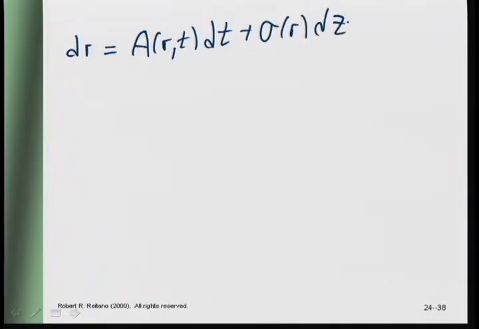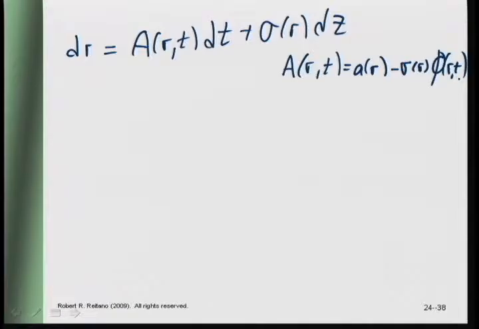What I'm going to do is simplify the notation so that my capital A of R, t is that expression from earlier, namely little a of R minus sigma of R times phi of R, t. Just for notational convenience, capital A is a function of R and t, so I don't have to write so much here.